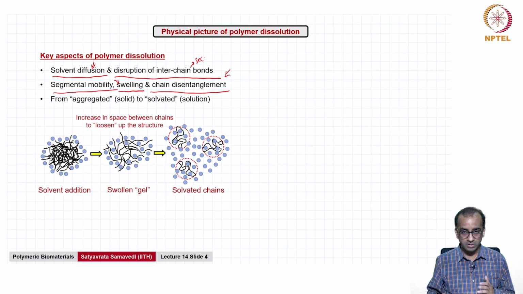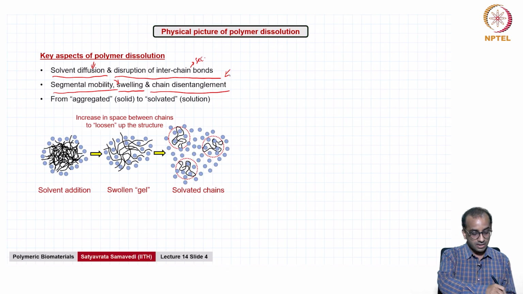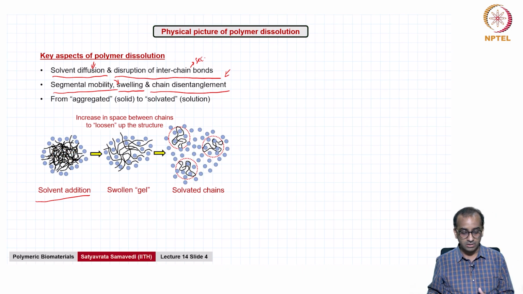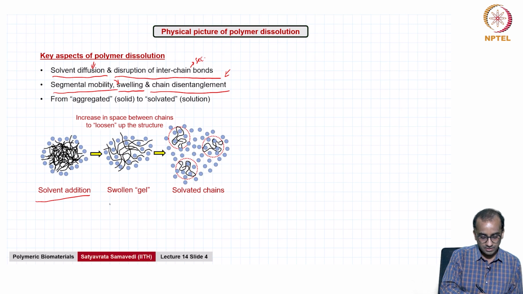And shown here is just a schematic representation of this process, where the polymer is an entangled mass like this in the solid state. Again, shown here is only a representative cartoon. Once you add the solvent, it penetrates or diffuses into the polymer and plasticizes it.